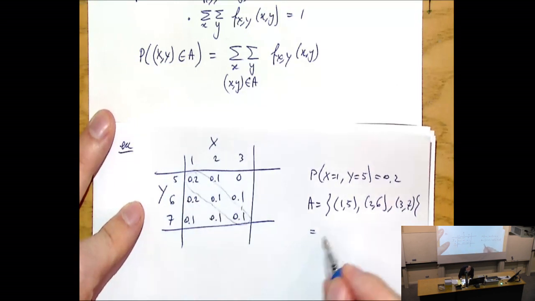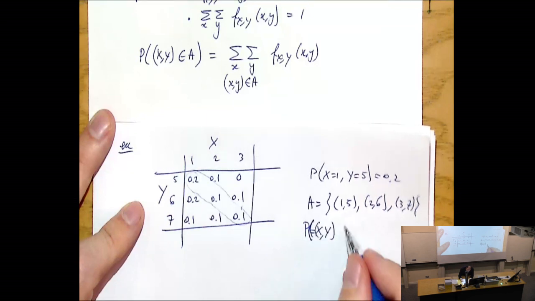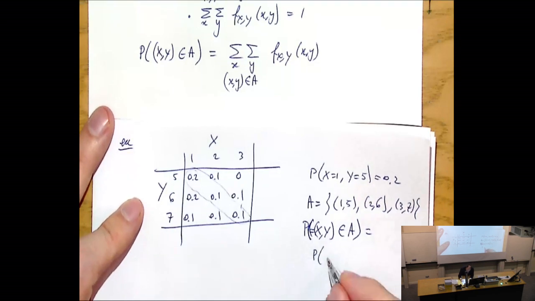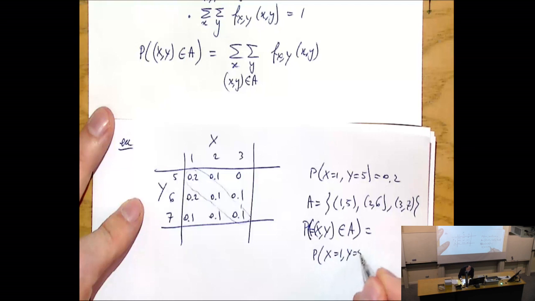This will be the probability of this pair of random variables belonging to this set A, and it is given by the probability of having X equal to 1, Y equal to 5, plus the probability of having X equal to 2, Y equal to 6, plus the probability of having X equal to 3 and Y equal to 7.